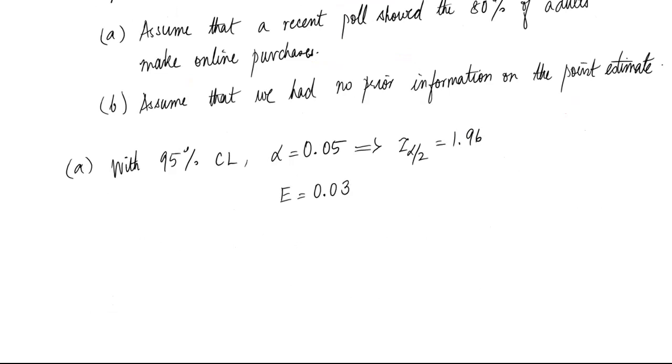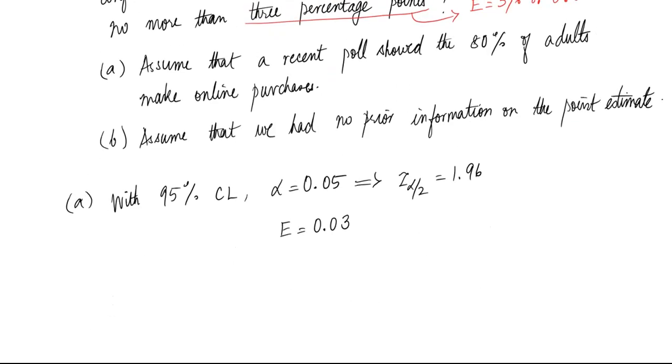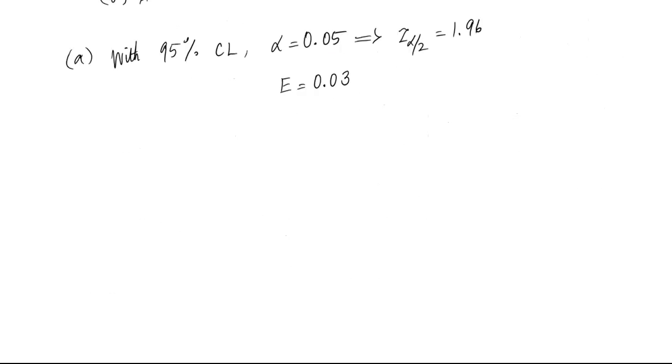For part A, we are told that in a recent poll, 80% of adults made online purchases. So p hat is 0.80. If p hat is 0.8, it implies q hat is 0.2. 80%, the remaining is 20%, 1 minus p hat.